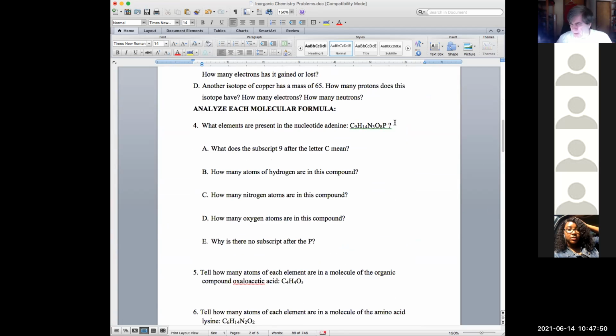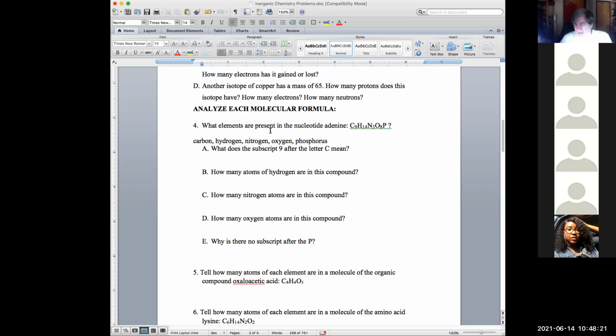What elements are present in the nucleotide? I'm looking at number 4. What elements are present in the nucleotide? C9, H14, N3, O8, and P. Okay, so carbon, hydrogen, nitrogen, oxygen, phosphorus.